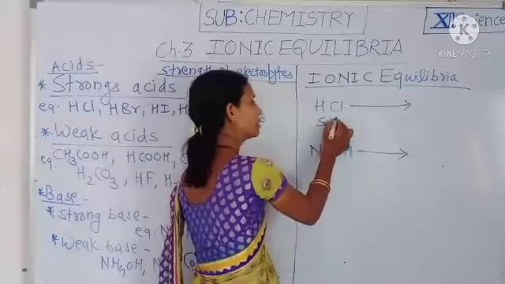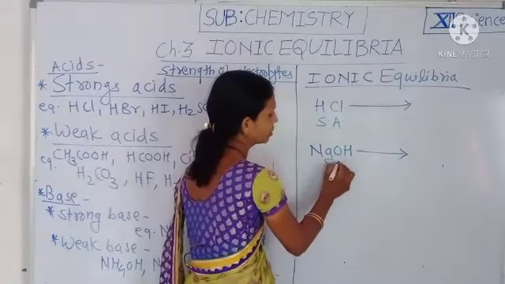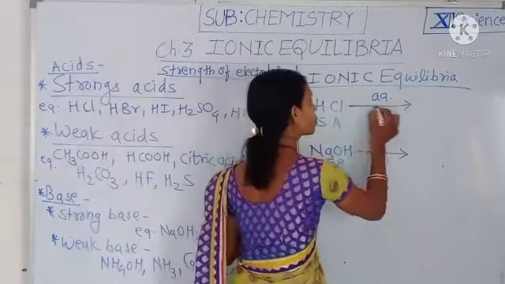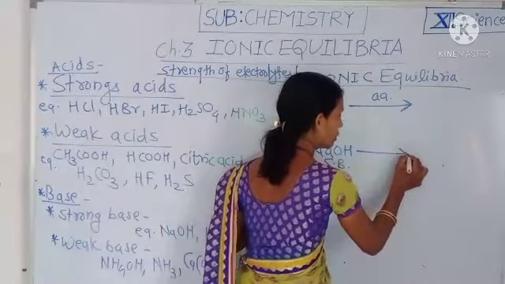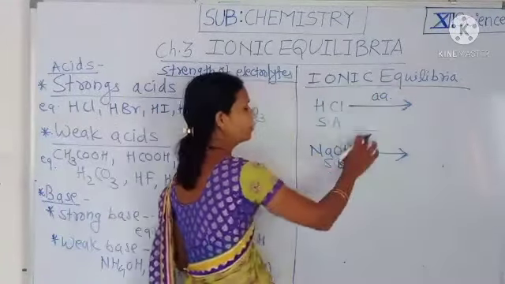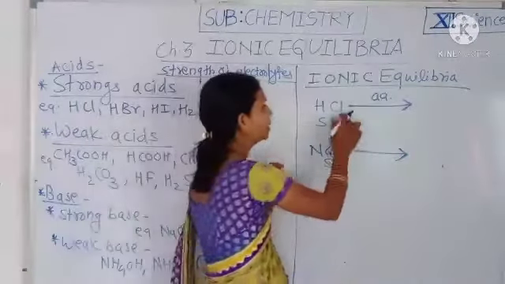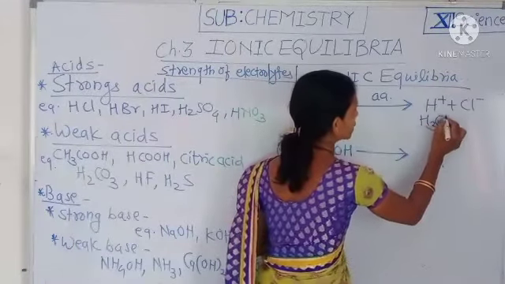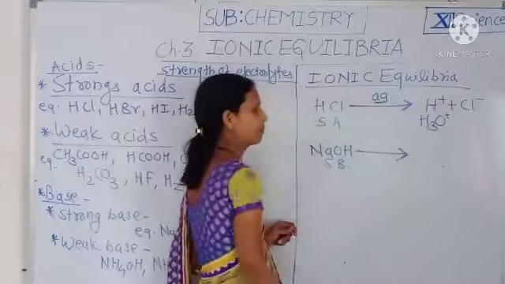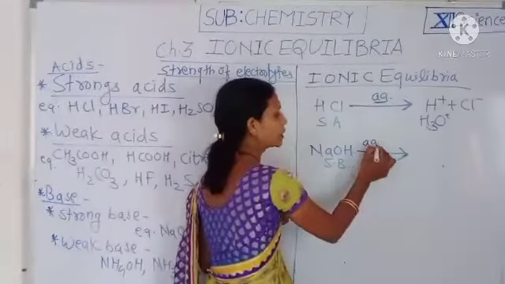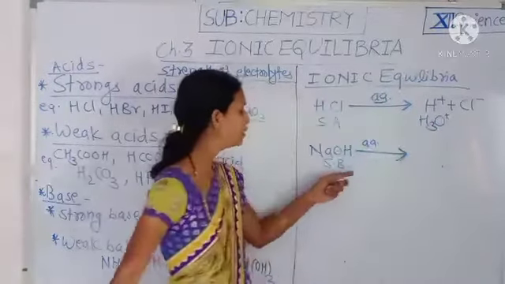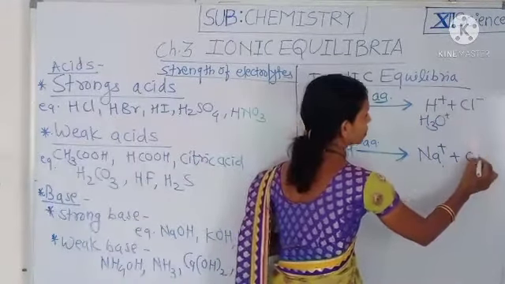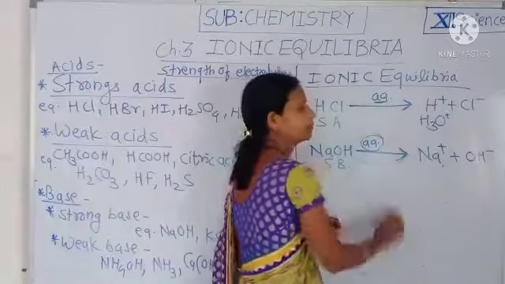HCl is a strong acid, whereas NaOH is a strong base. Therefore, in aqueous medium they dissociate almost completely. Therefore, a full arrow is used here, and it gives more and more H plus ion or H3O plus ion in aqueous medium. Similarly, NaOH in aqueous medium dissociates completely, and it gives Na plus and OH minus ions in aqueous medium.